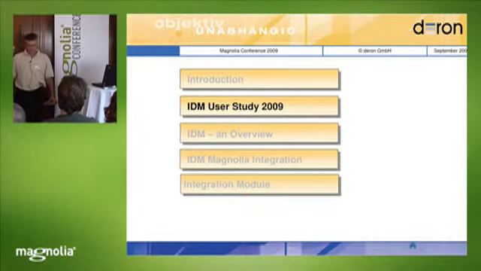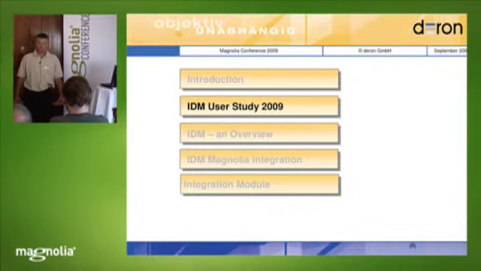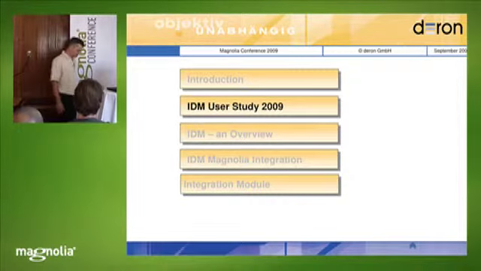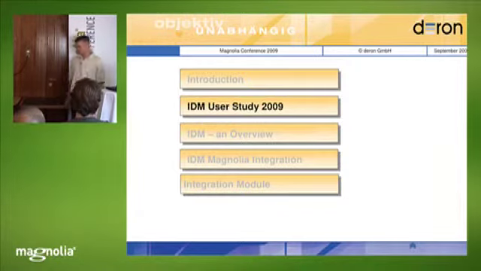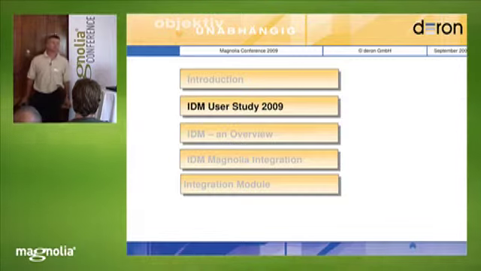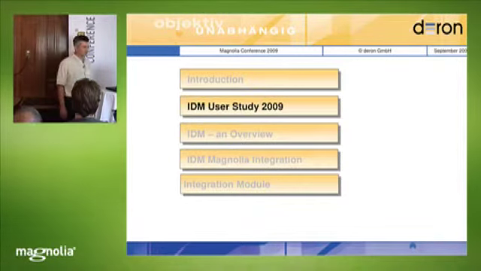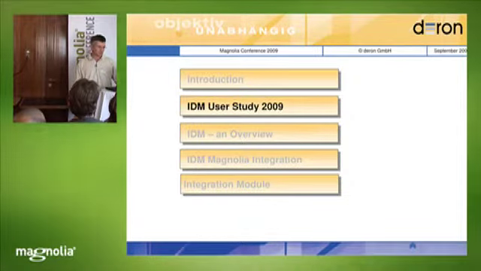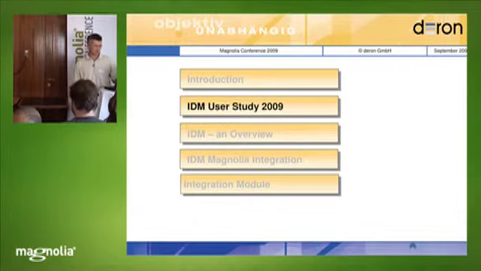It's a user study we do with some universities, and we send questionnaires to these decision makers, IT people in companies, and we create a study out of this, and I just wanted to show you some of these figures of this study.